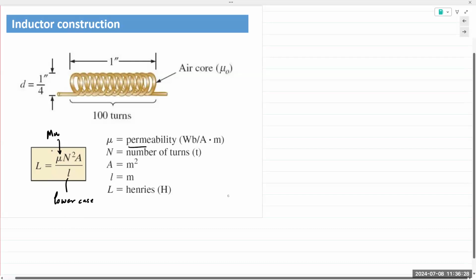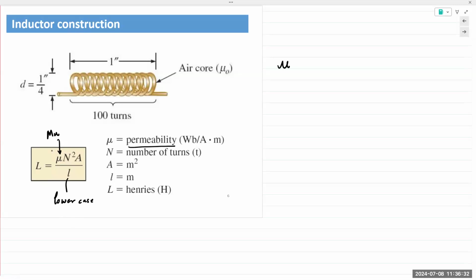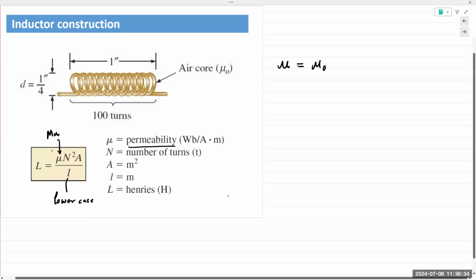Mu is the permeability, and that permeability is the product of mu 0 times mu r.